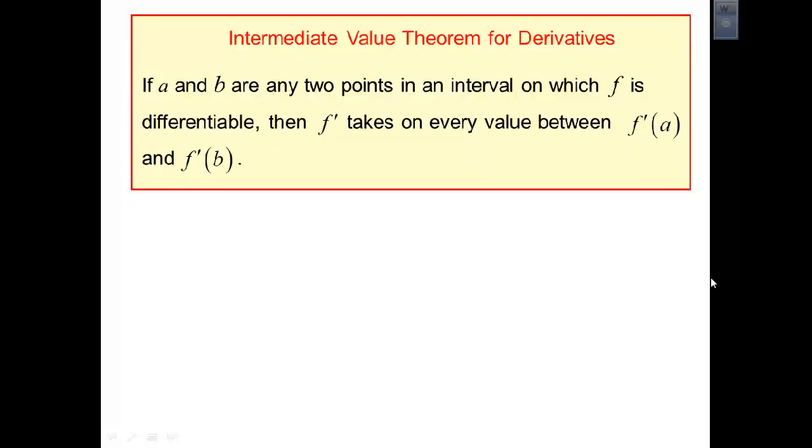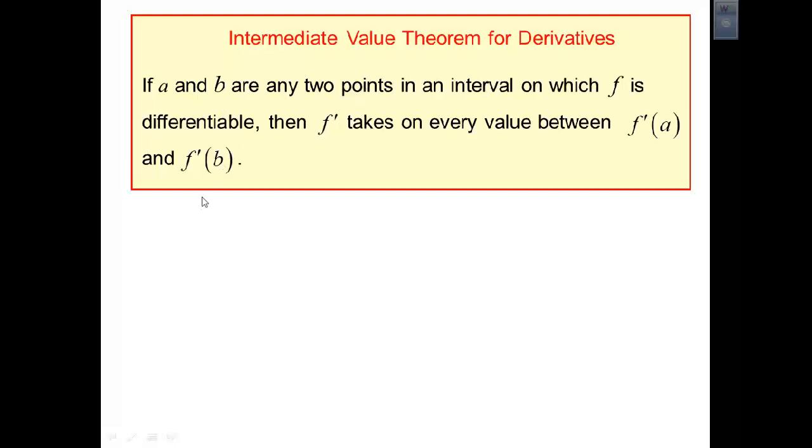Now, the second theorem we're going to talk about, I'll be honest, you're not going to use very much, but it is good to know. It says, if A and B are any 2 points in an interval on which f is differentiable, then f prime takes on every value between f prime of A and f prime of B. Now, this is the intermediate value theorem specifically for derivatives, but it's very similar to the intermediate value theorem we are used to already.